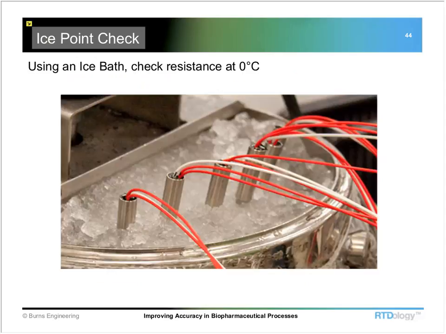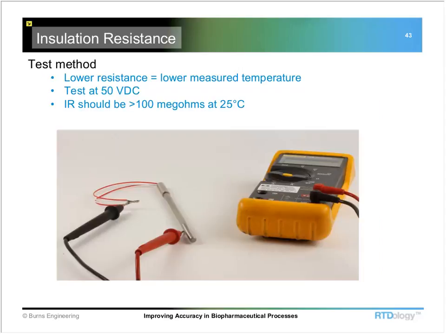So you want to make sure that it's high enough at room temperature so that it's going to be okay at the higher temperatures. So Bill, can you just run through how you go about doing that test? I know it's pretty simple, but essentially where are you hooking up the leads? Well, the easiest way to do this is just to bundle the lead wires that come out of the sensor and hook one of the leads on the meter to that and touch the other one to the probe sheath.